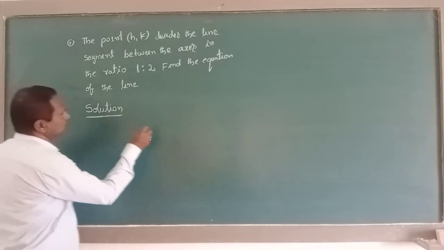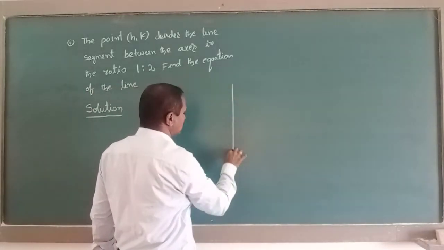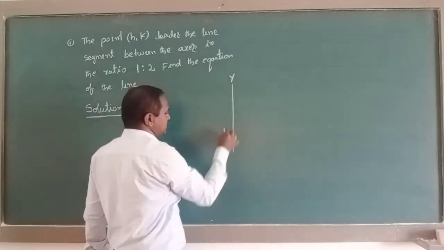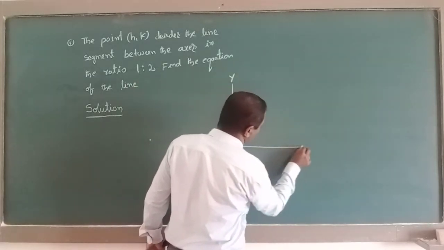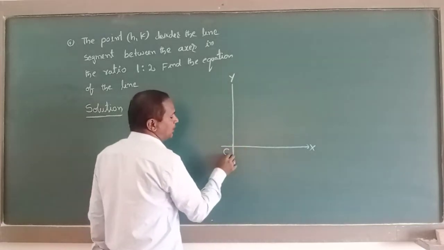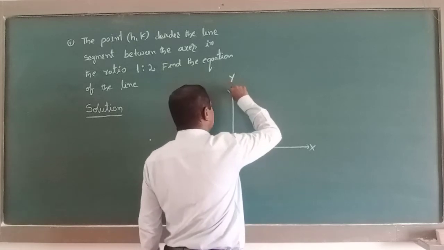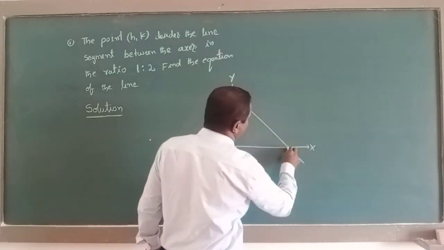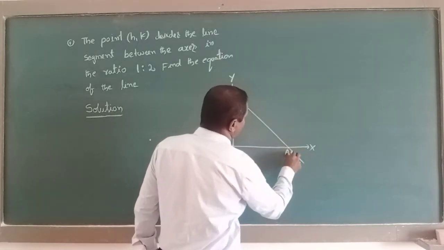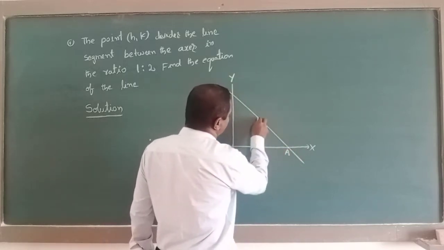Solution is, diagrammatically, this is the y-axis and this is the x-axis. The point of intersection of the x and y-axis is the origin. This line cuts at 2 points, here capital A and here capital B, and here the division point will come.